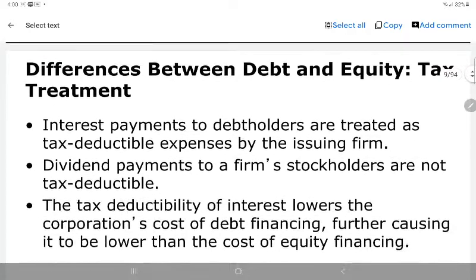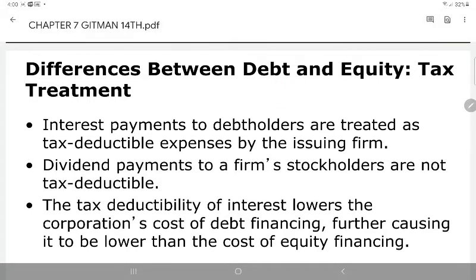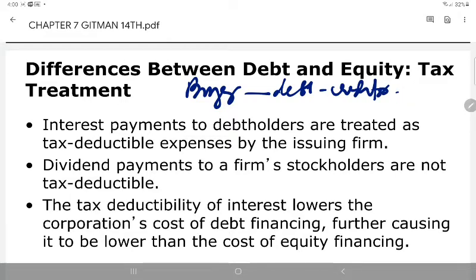Then, we already look at the tax issue. We know that if it is, doon tayo sa perspective ng buyer. Okay? Pag buyer ka ng debt, o di creditor ka, meron kang tax cost.